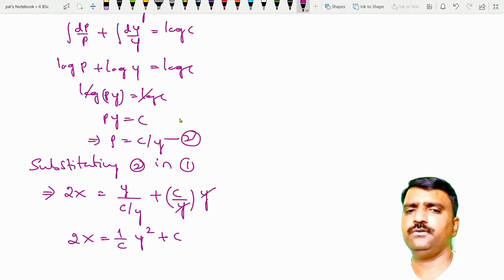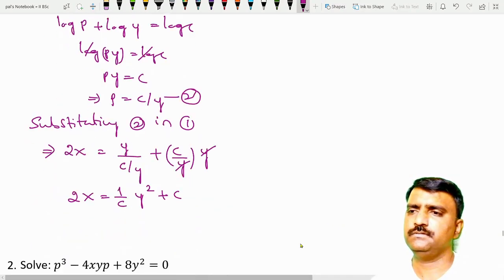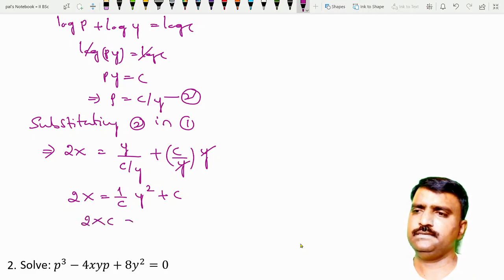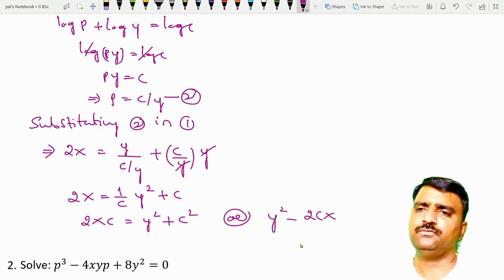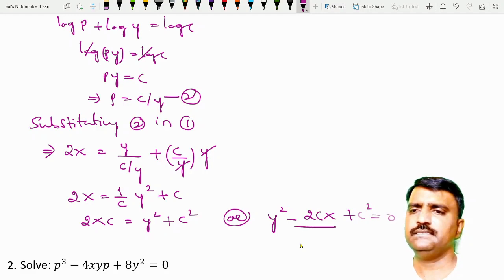Or the simplified form of this gives, taking c by cross multiplication, 2xc is equal to y square plus c square, or in other words y square minus 2cx plus c square is equal to 0, which is the required solution of the given differential equation.